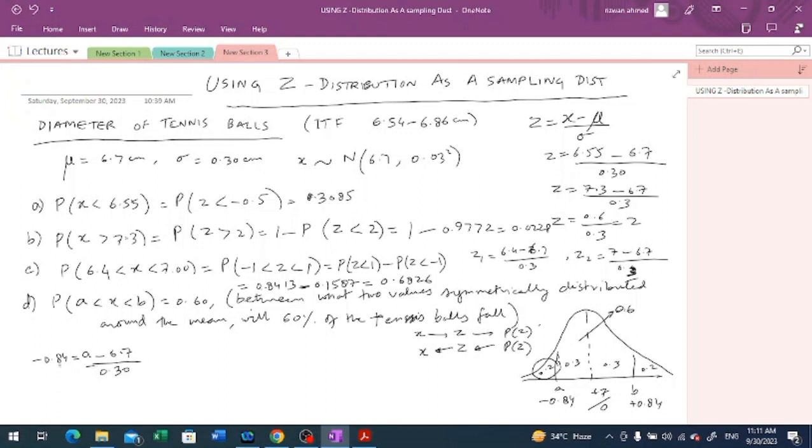We first multiply these two together and then we get the negative answer. We then move this minus 6.7 to the left hand side. So this would be the entire working. This would give you the value of A, and the value of A is 6.448.